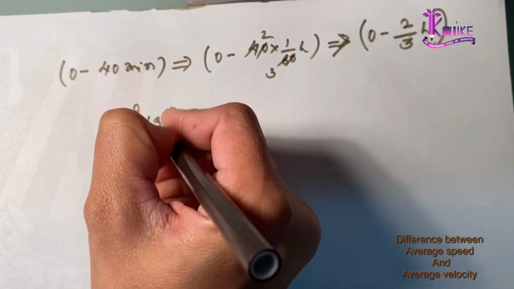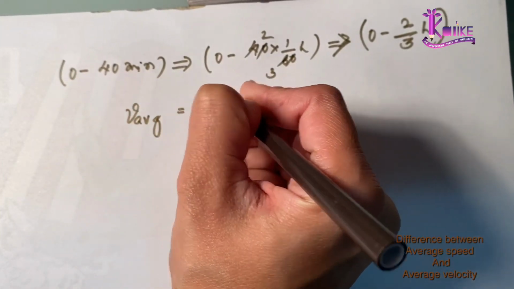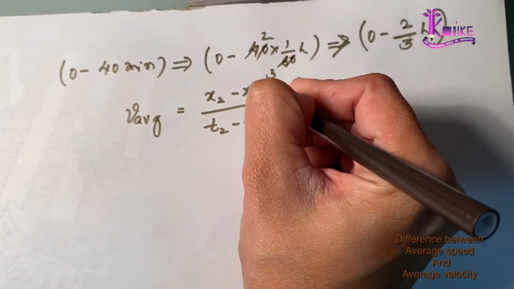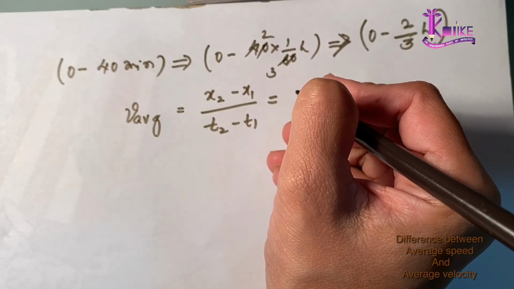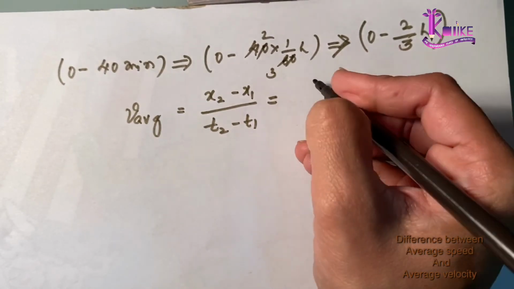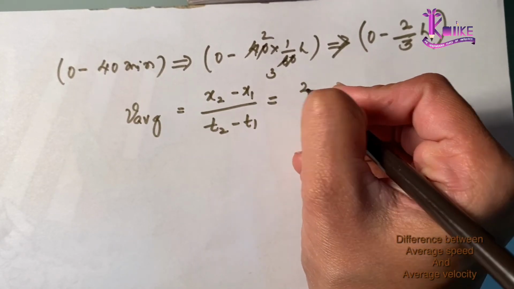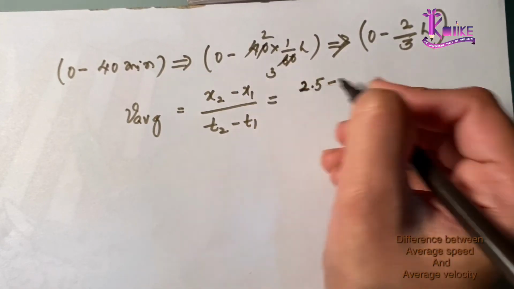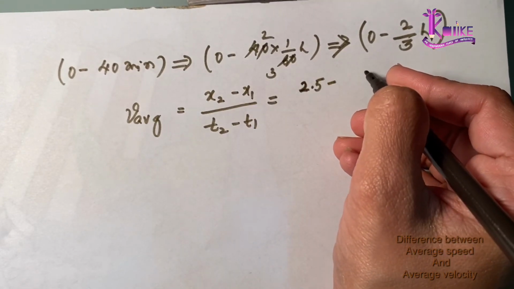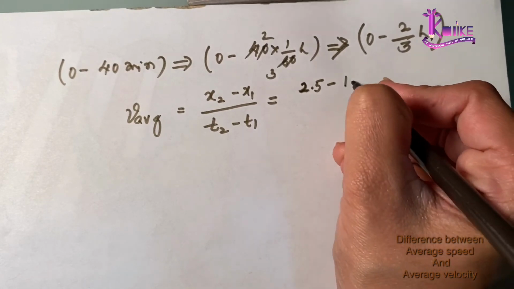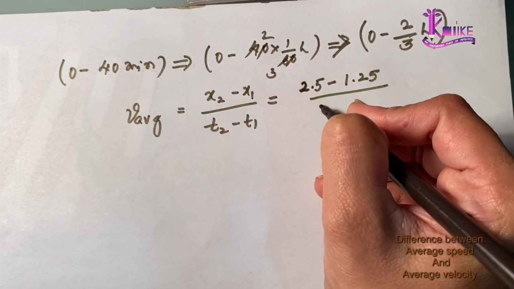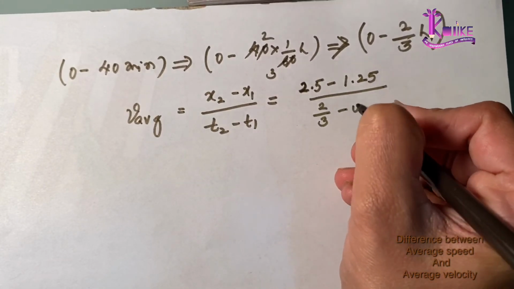Average velocity. Average velocity is x2 minus x1 divided by t2 minus t1. So how much is x2? X2 is from home to market. It is 2.5 kilometers minus another 10 minutes. What is that? The total displacement will be 1.25 kilometers is what he has traveled, divided by 2 by 3 minus 0.